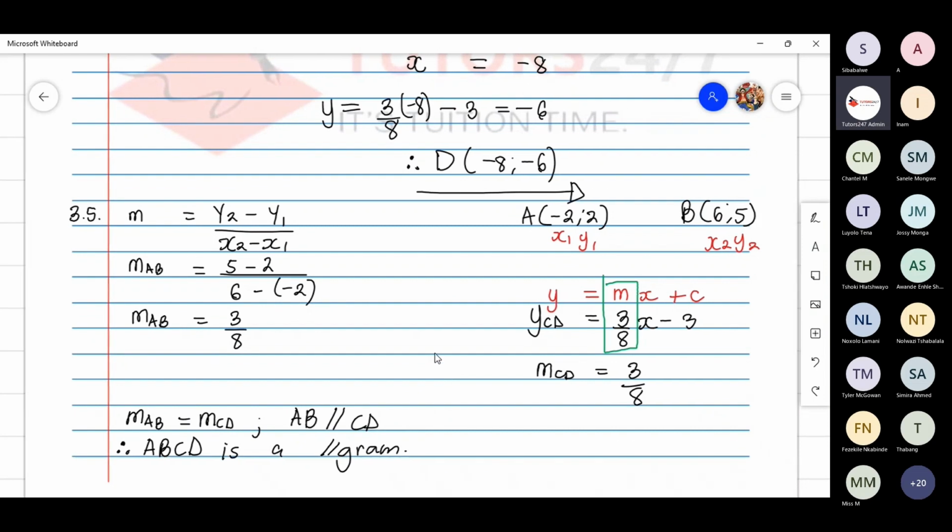An alternative approach that you could have taken is to calculate the distance or the lengths of the opposite sides. If the lengths of the opposite sides were equal, then you could have concluded that it is in fact a parallelogram.